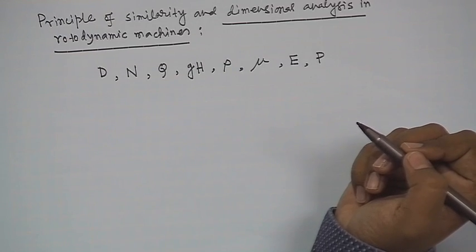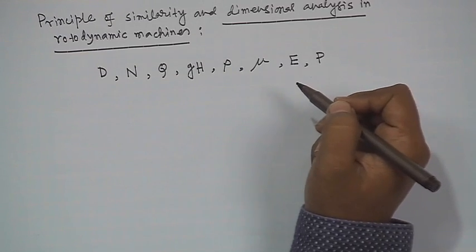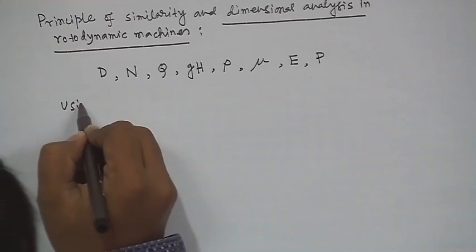So, using Buckingham's Pi-Theorem, one can obtain 5 dimensionless parameters which are very much relevant in this course.